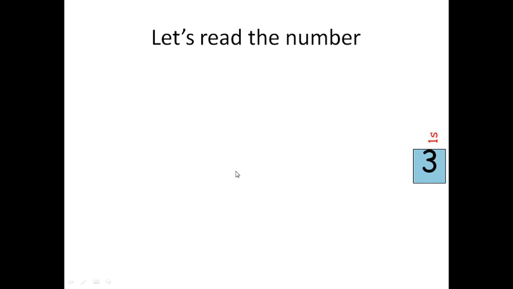Okay, let's start reading numbers. So you know that this is 3, and this 3 is in ones position or ones place. So that means there are 3 groups of ones. 3 groups of 1. What is the value then?